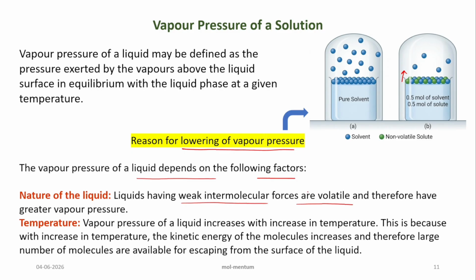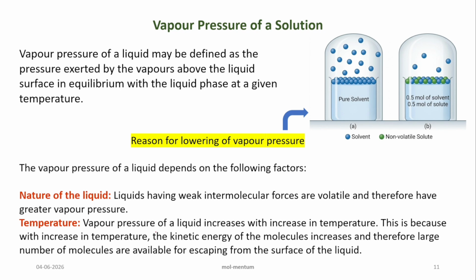That is quite obvious: if the force of attraction between two particles is less, even a small amount of energy can break this bond, so they become highly volatile. Therefore such liquids have high vapor pressure.